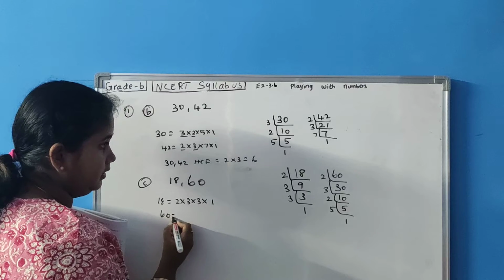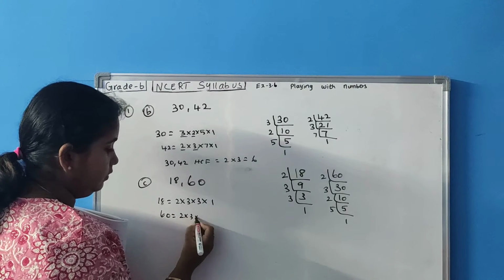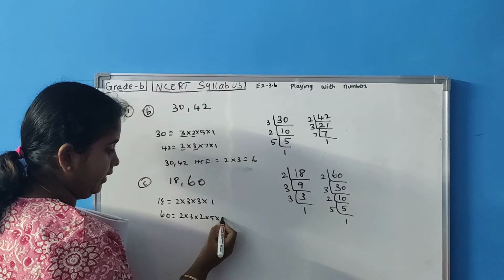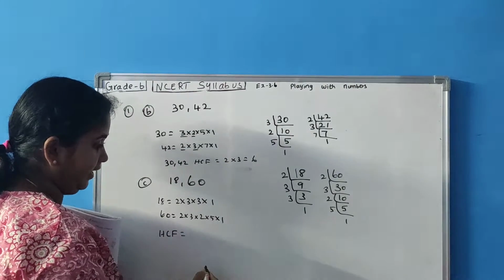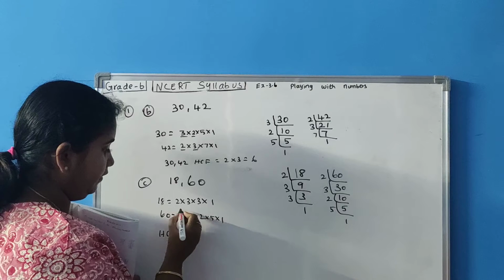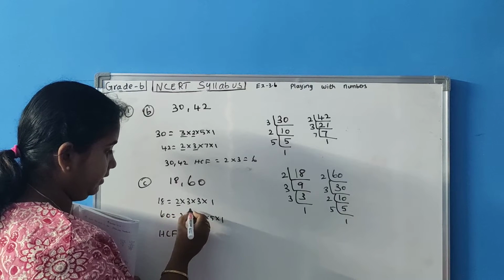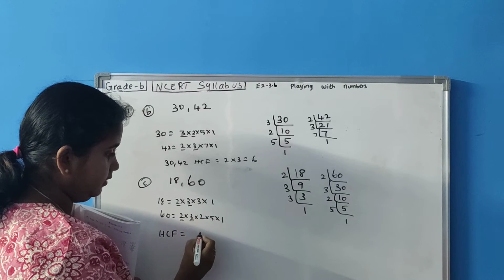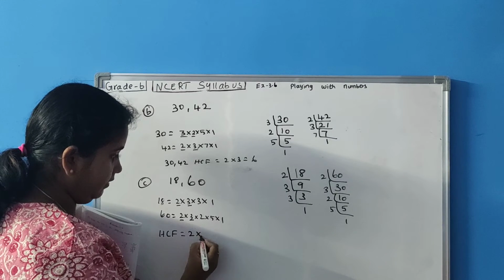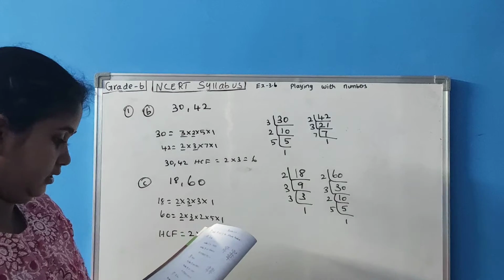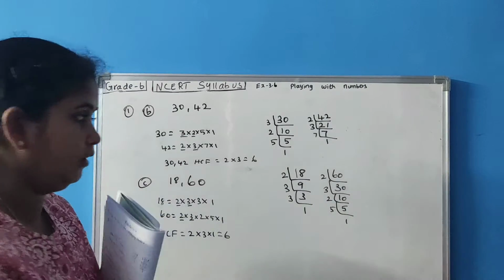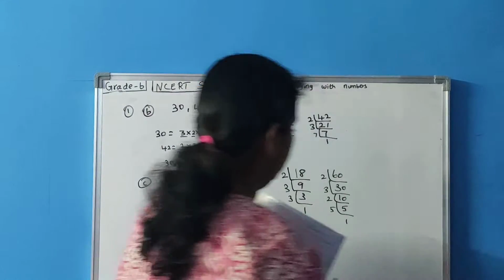Factors of 60: 2 into 3 into 2 into 5 into 1. Now what are the common factors? HCF means highest common factor. So the common factors are 2, 3. That's all. So for everything we are getting the HCF as 6 only, right? Okay. Now we are going to the next sum.